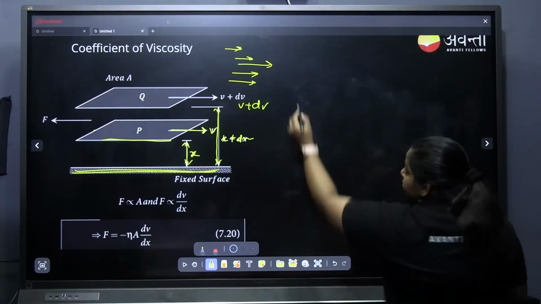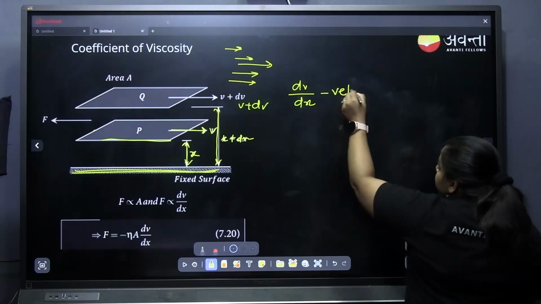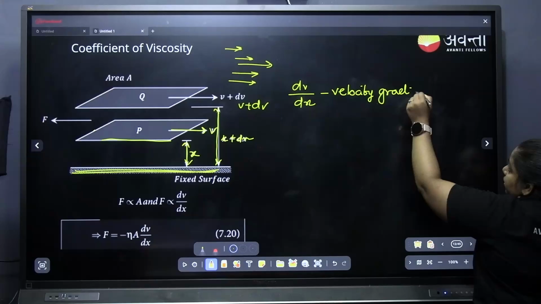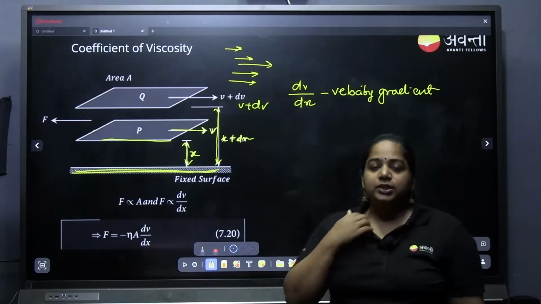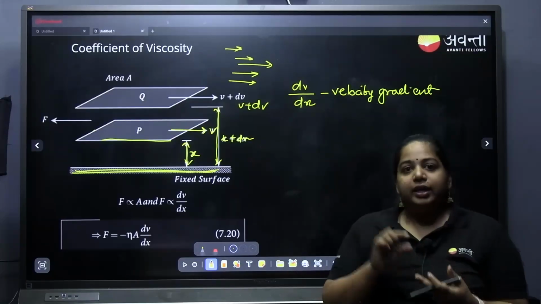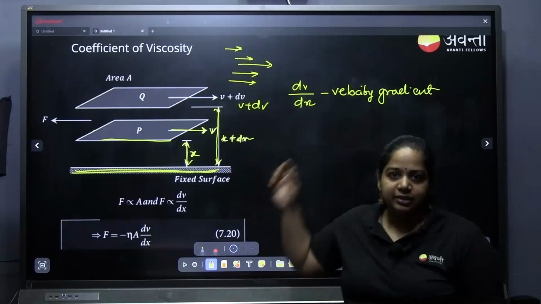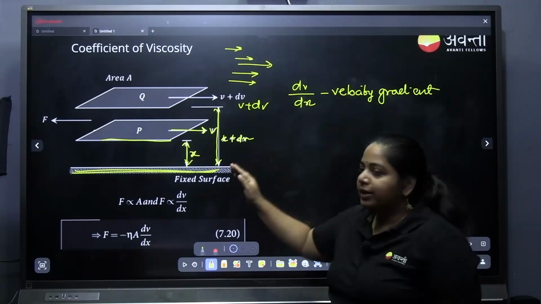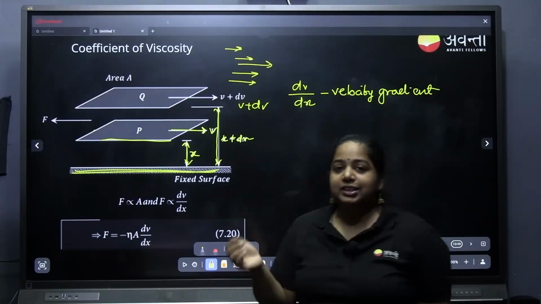So dv by dx is called velocity gradient. This value is called velocity gradient. If you move to the next layer, this will give you how much the velocity will increase.